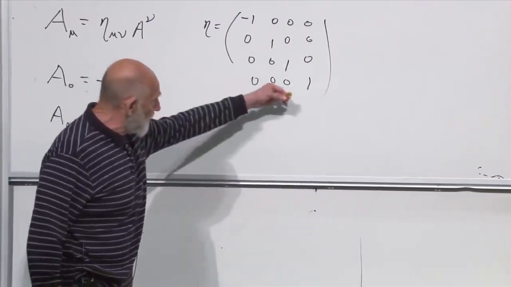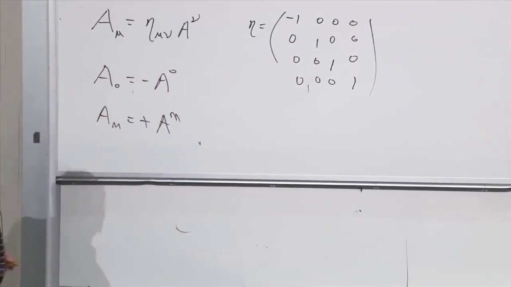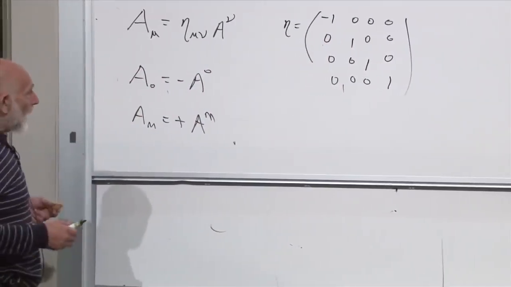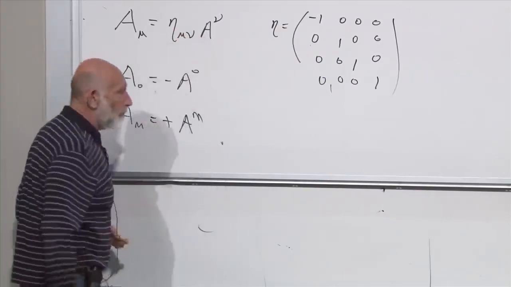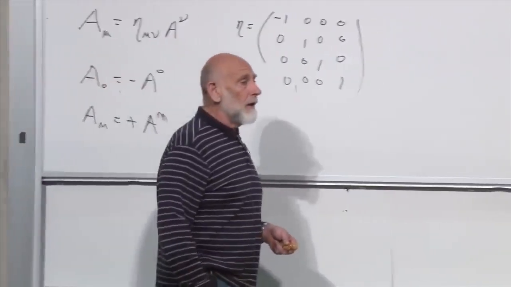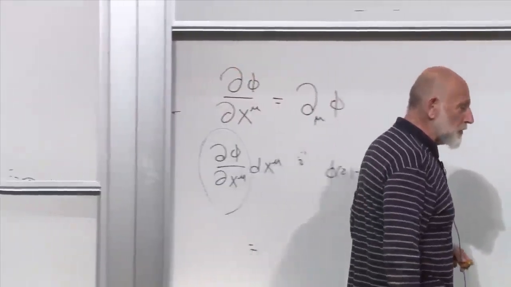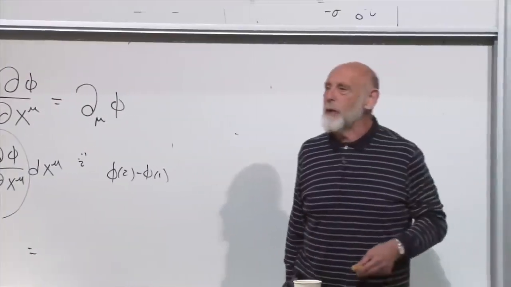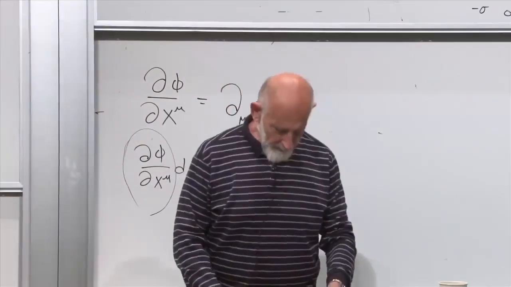It's just the components of eta which sit in the spatial components. And for that reason, because eta is the unit matrix, there's no difference between upper and lower components. So if you're talking about ordinary 3 dimensions, it's unnecessary to say whether an index is covariant or contravariant. They're both the same.